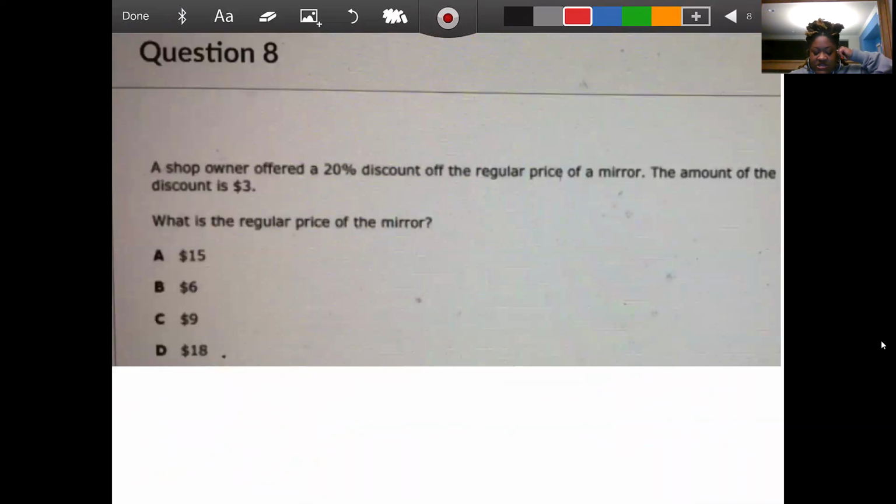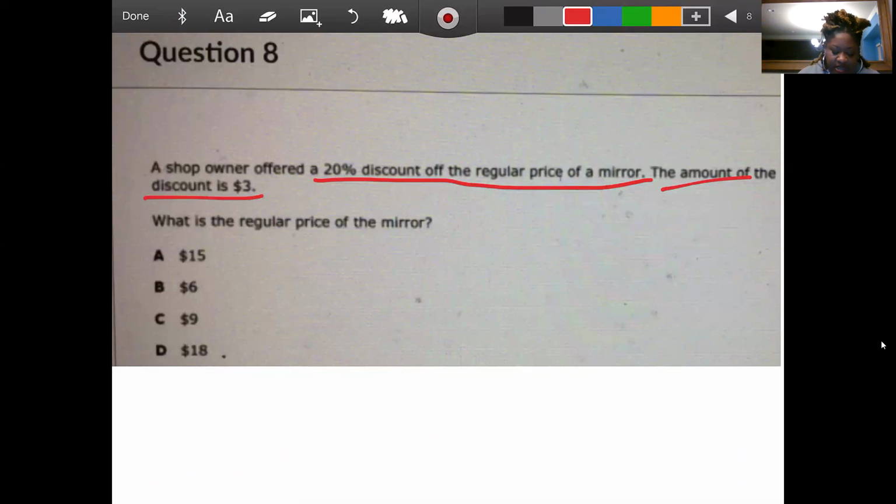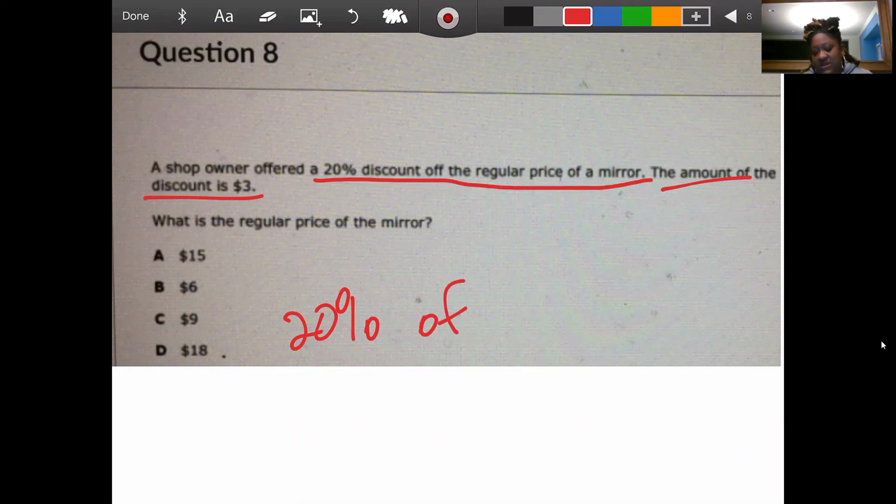And the last one, a shop owner offered a 20% discount off of the original price of a mirror. The amount of the discount is $3. Okay, so 20% of, what should I call it? Regular price. I'm going to put price. The amount of the discount is, remember when you see is, it means equals.